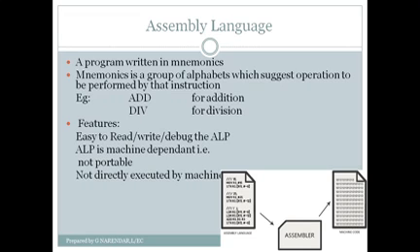So then how can the controller execute the assembly language program? Here you can see a small picture, and the first page indicates the program written using mnemonics. That means this program is written using assembly language, but you know that this is not directly understood or executed by the microcontroller.